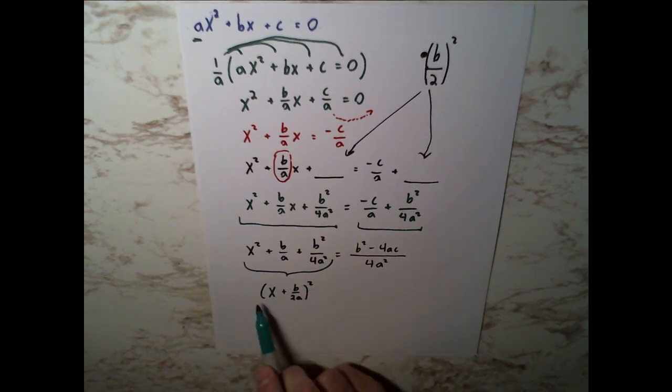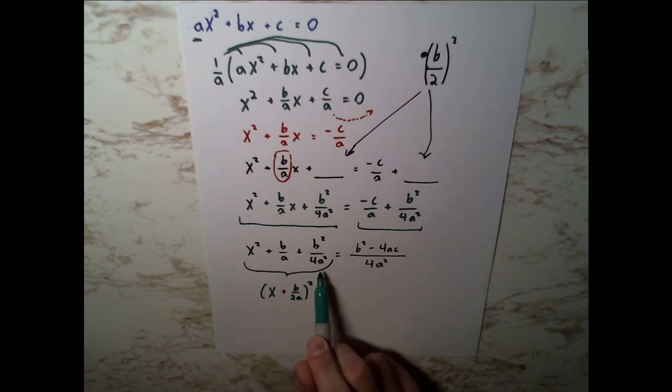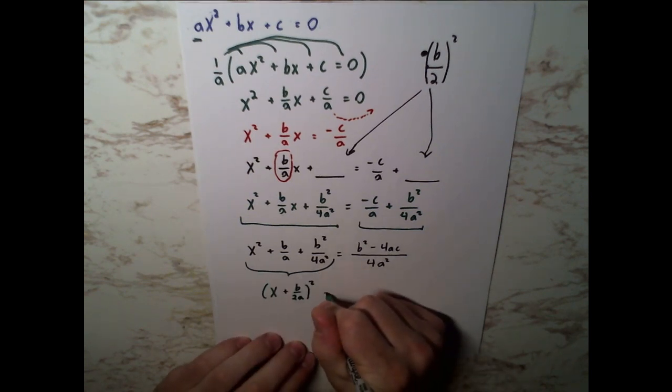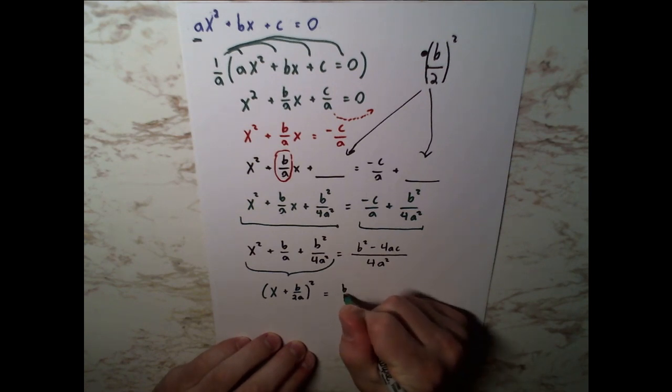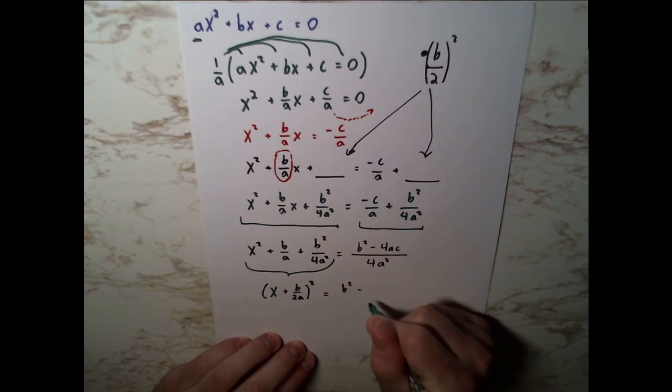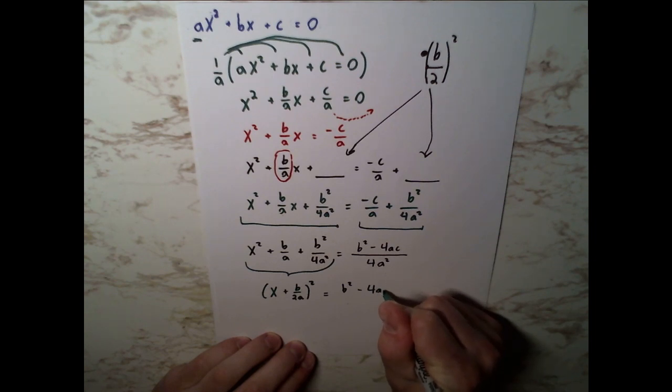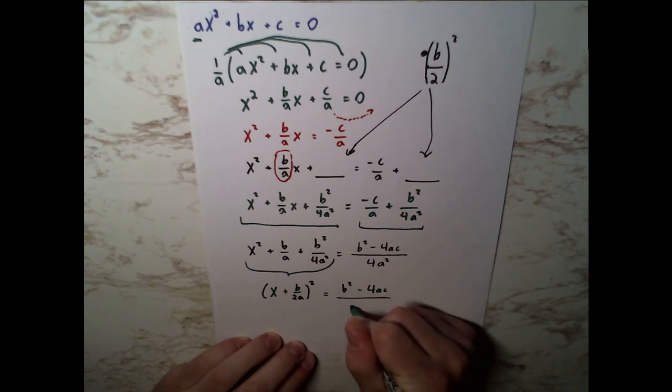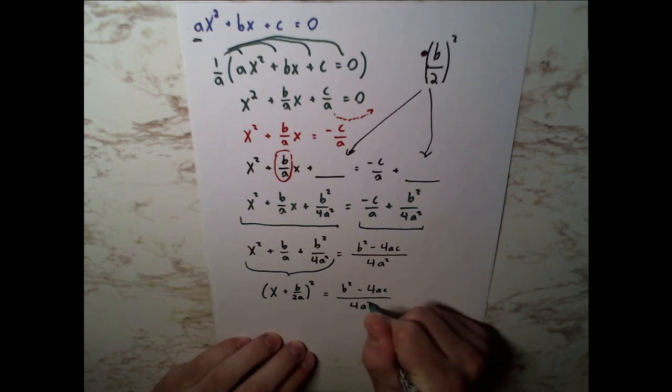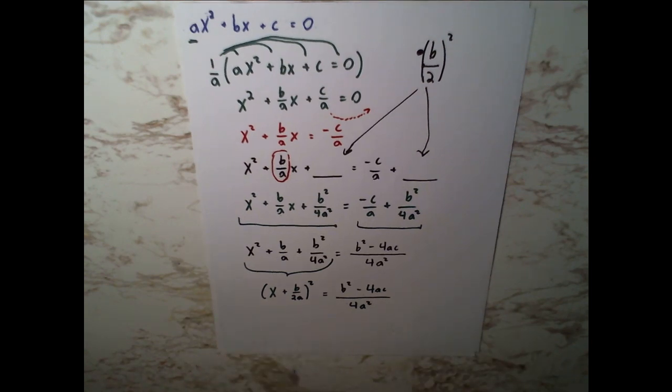So if we were to FOIL this out, we would get this quadratic right here. And this is equal to b squared minus 4ac over 4a squared. So now we want to solve for x. So in order to do that, we need to take the square root of both sides.